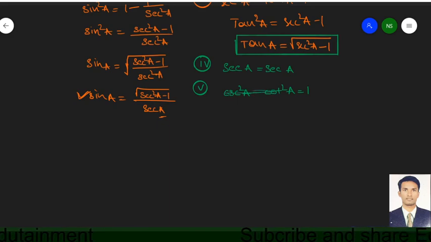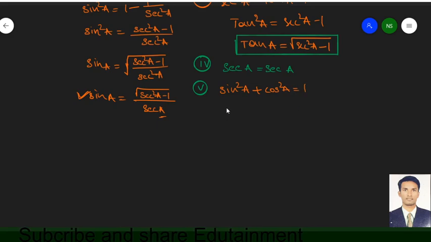We will get, let us take the first identity, sine square A plus cos square A, which is equal to 1.